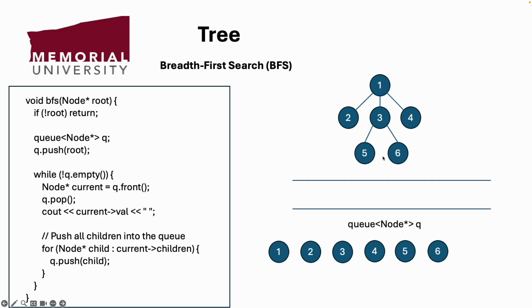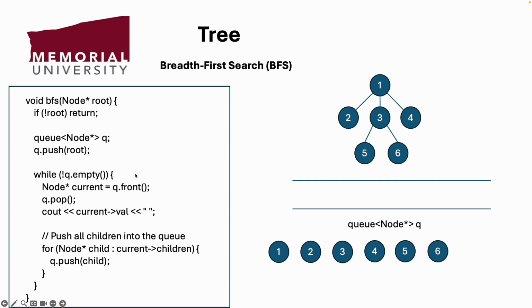But there are no children for node 6, so the for loop is not applied. Now we come back to the while loop and we can see our queue is empty. So this breadth first search is complete.